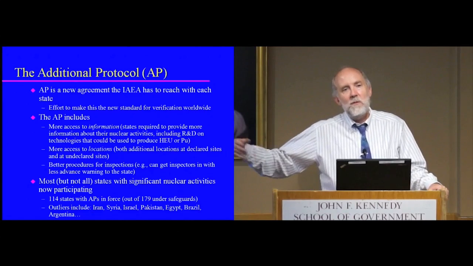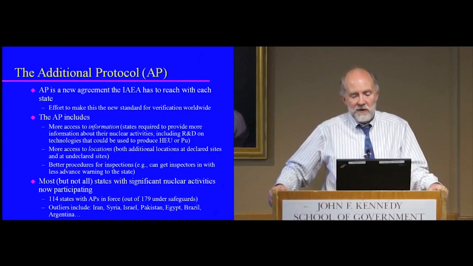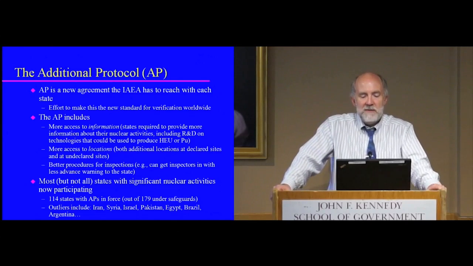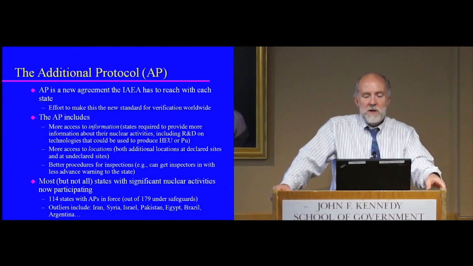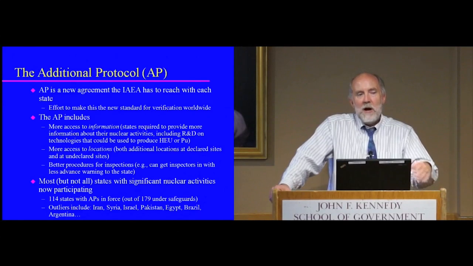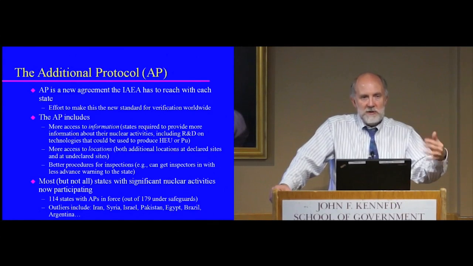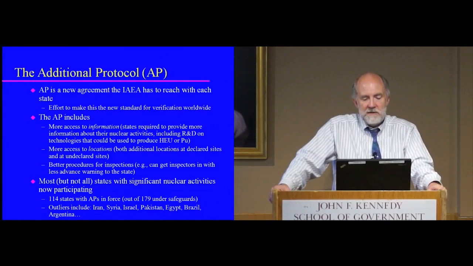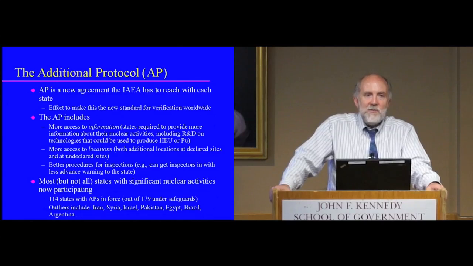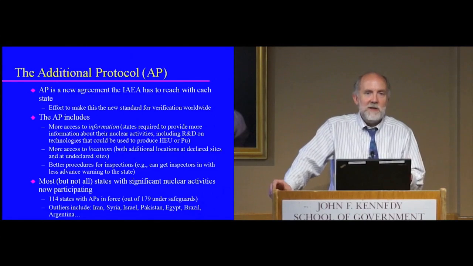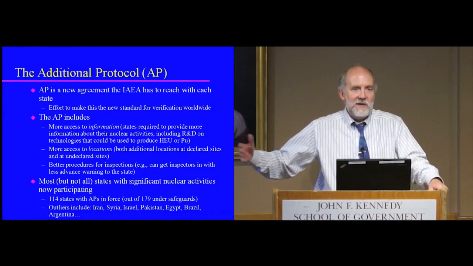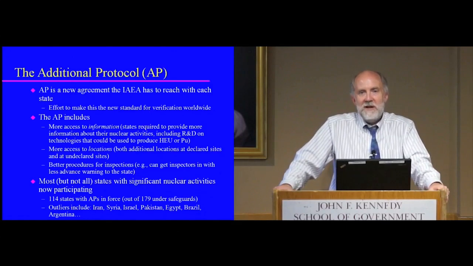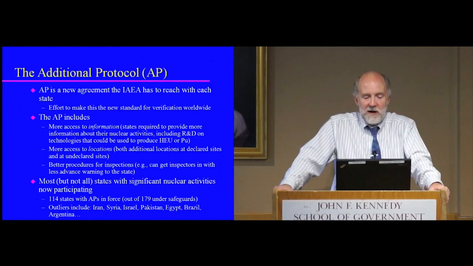States have to report more about their nuclear programs, including their research and development activities. It gives the IAEA access to more locations, including more opportunities to go to locations other than the ones the state has declared. And it has better procedures for inspections, so you can get the inspector in quicker with less time in between when the state knows you're coming and when the inspector arrives.